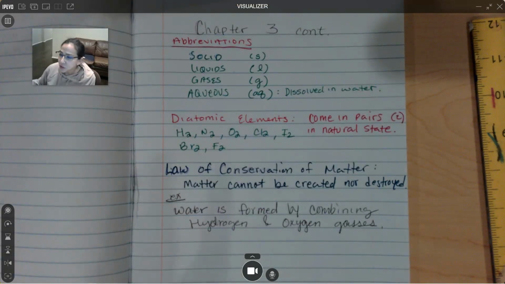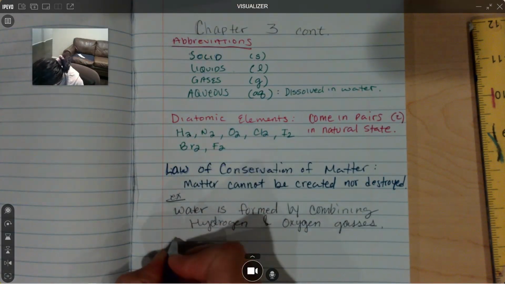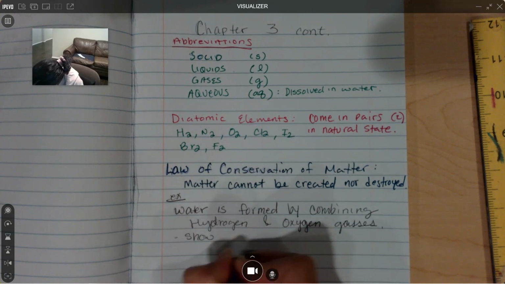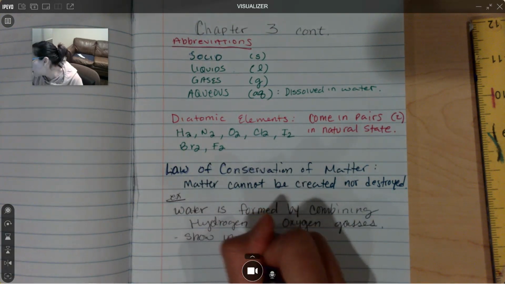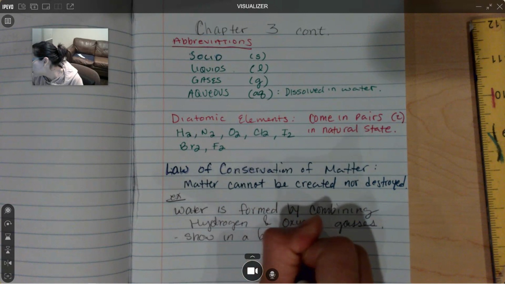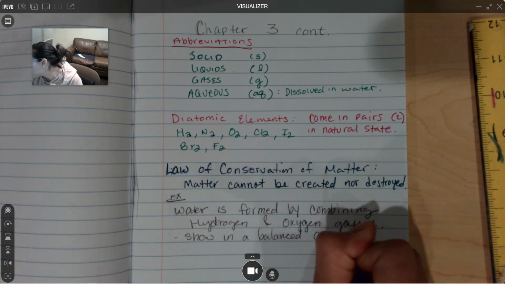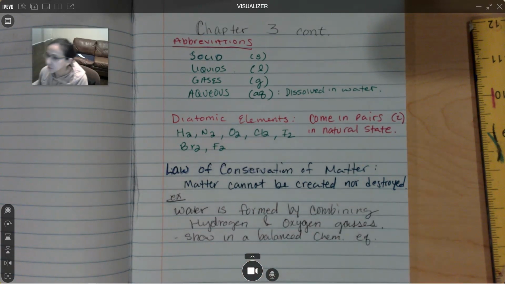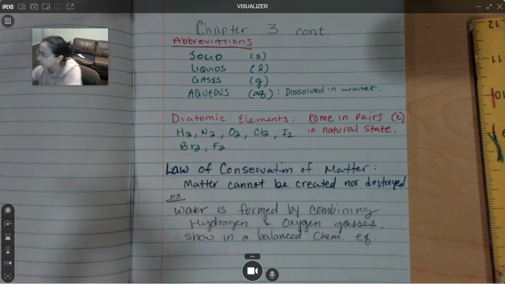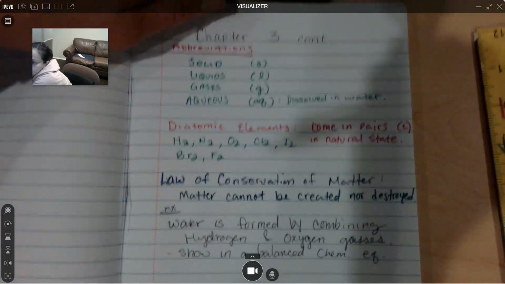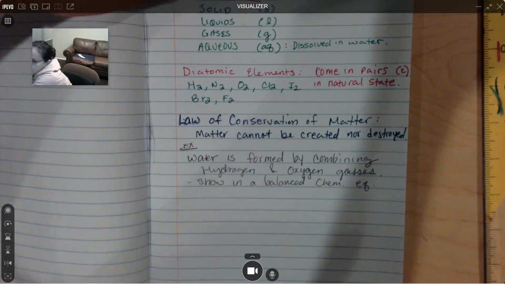So we want to show this in a balanced chemical equation, the formation of water.